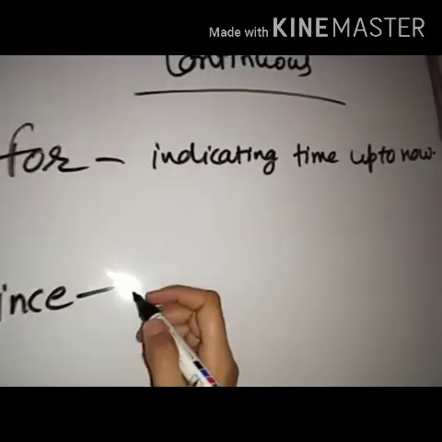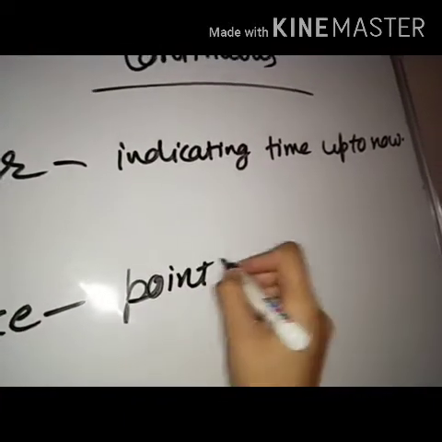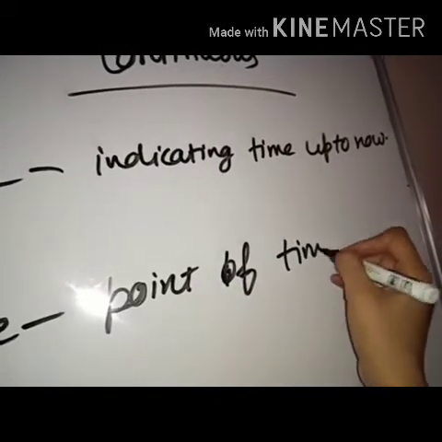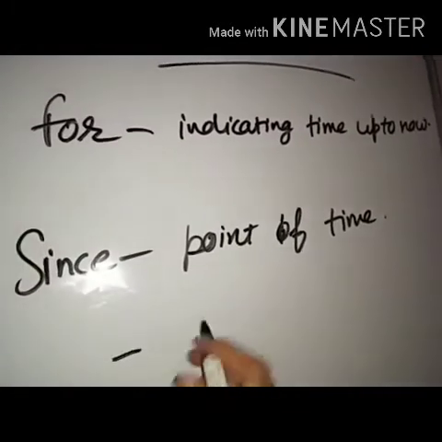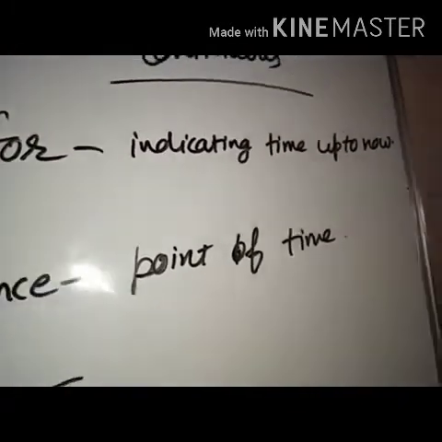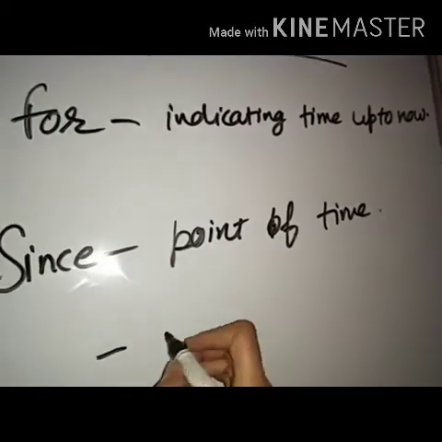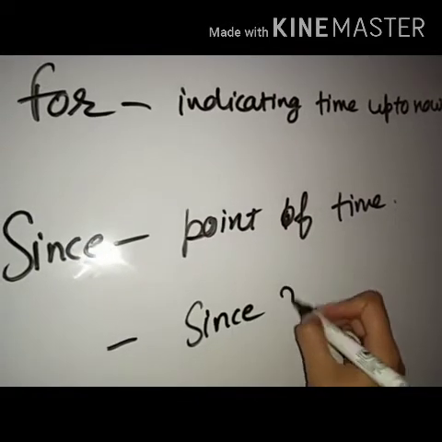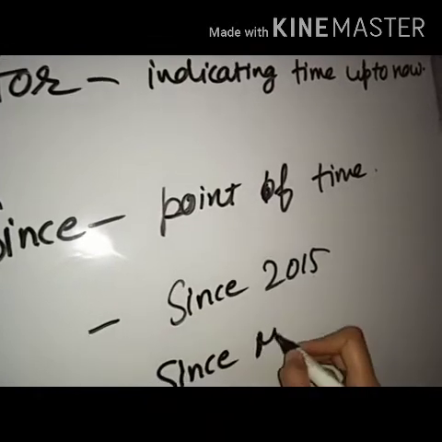And since, we use since when we are giving reference to a point of time, means when we are just giving a time reference, that time is past, it has no link with the present. Like since 2015, since morning.